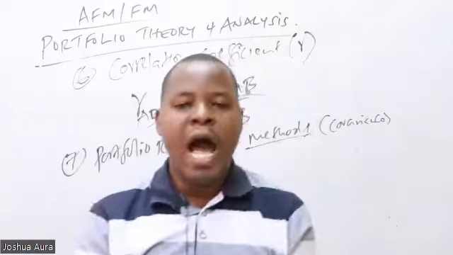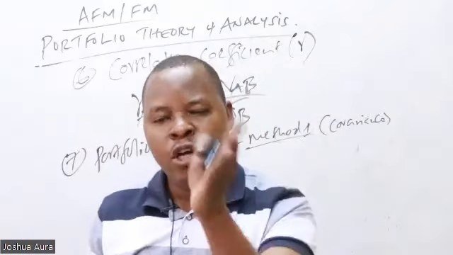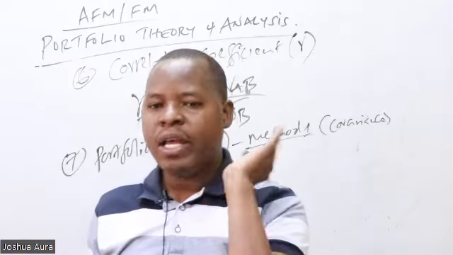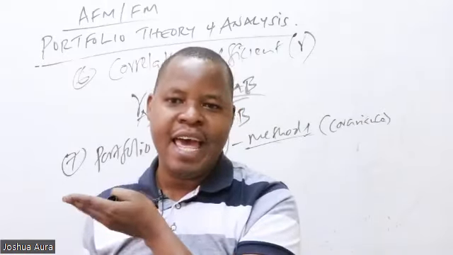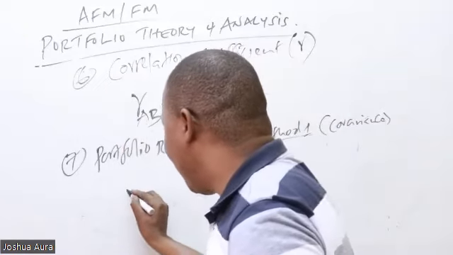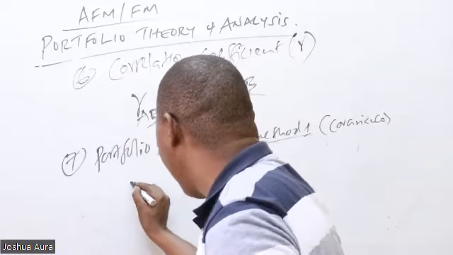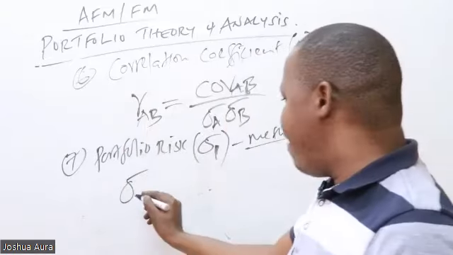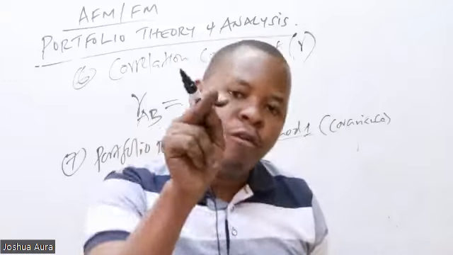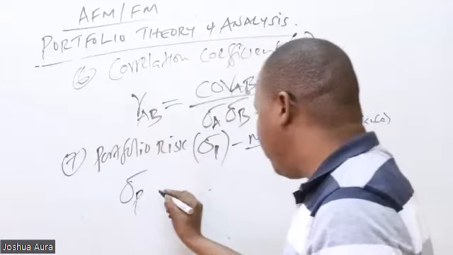So how do you calculate the portfolio risk? Imagine the examiner or KASNEB likes this very much. So this is how you do it. You start with the symbol, which is standard deviation of the portfolio, which means portfolio risk. How do you compute this?